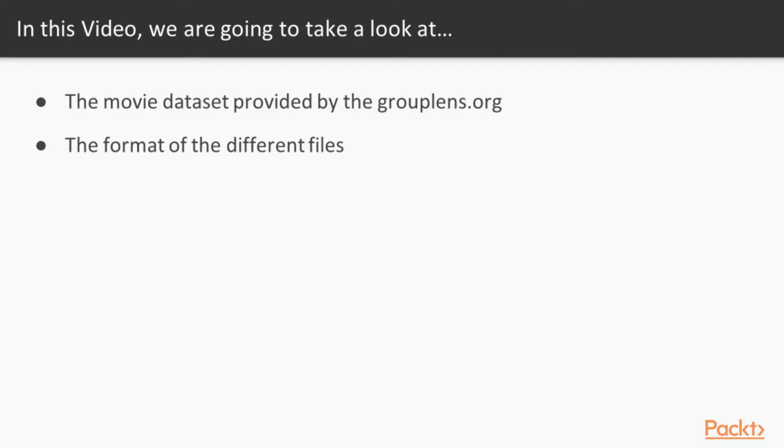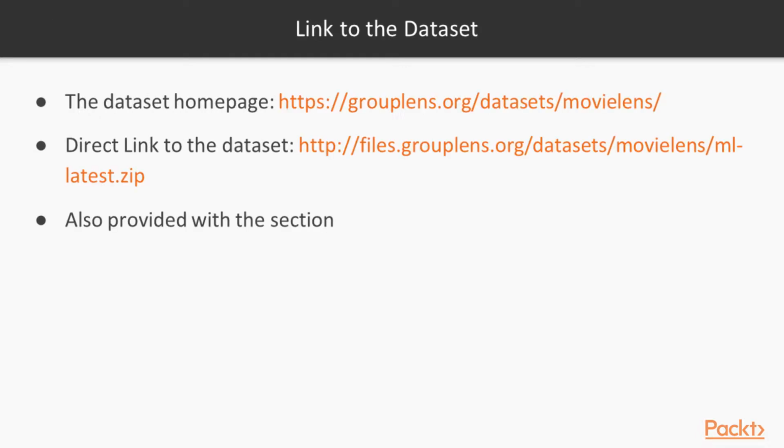In this video, we're going to take a look at the movie dataset provided by the GroupLens org and the format of the different files. Here's a link to the particular dataset homepage and also a link to the direct URL of the zip file which contains all the data. This is free data that we're going to use, and we have also provided it with this section.